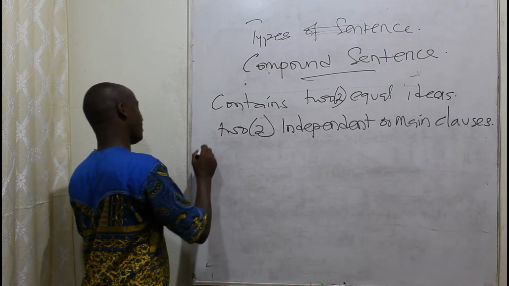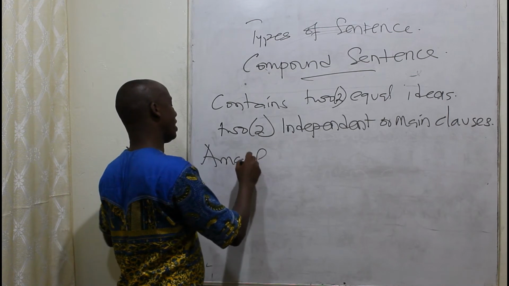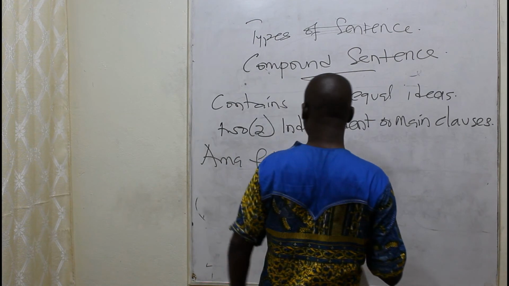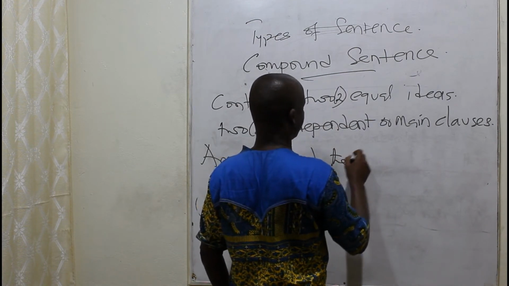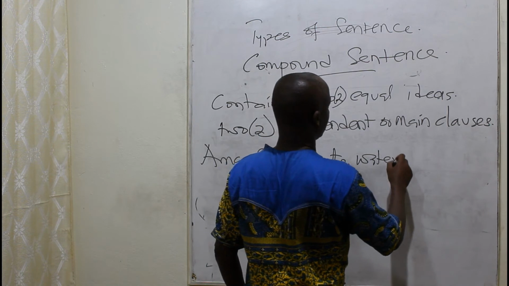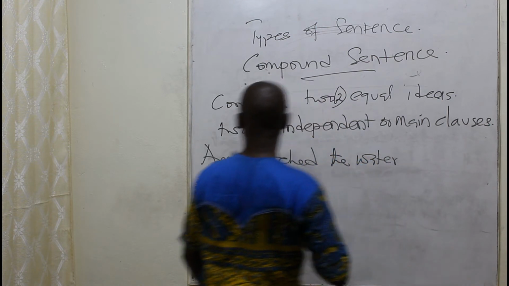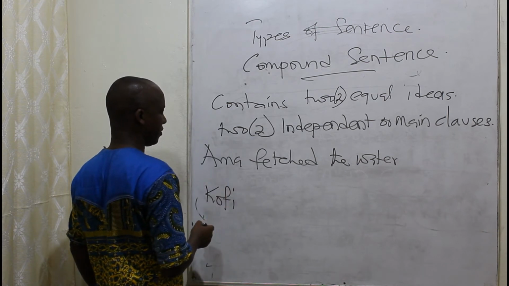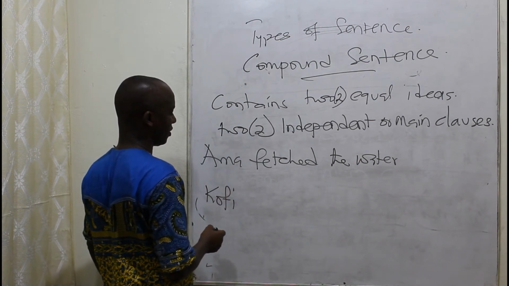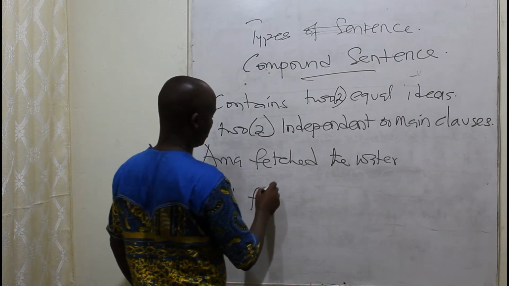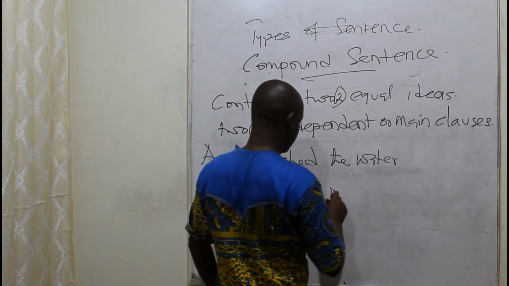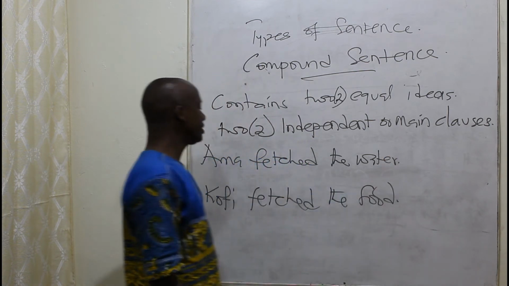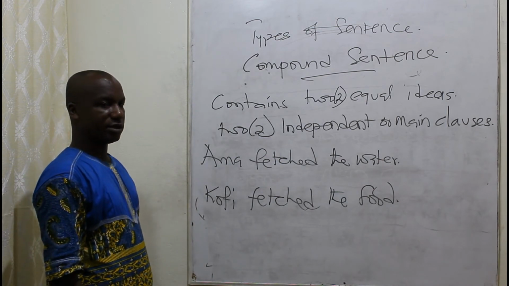So let's see. Amma fetched the water. Kofi fetched the food. These are two independent clauses.